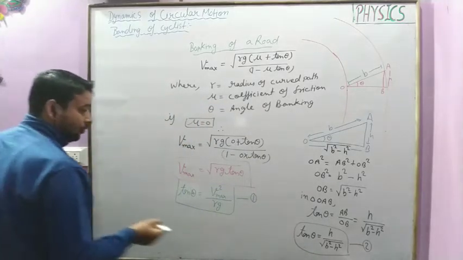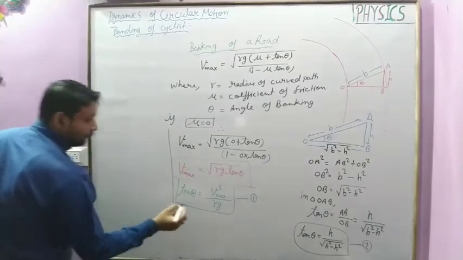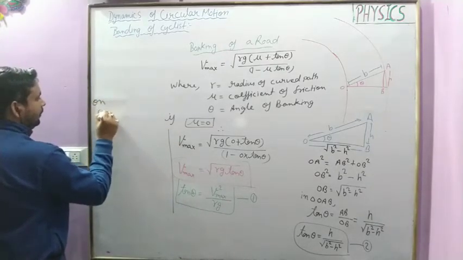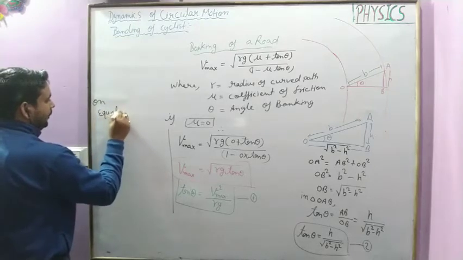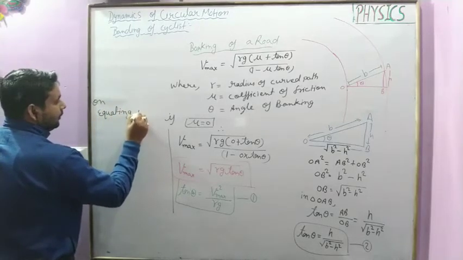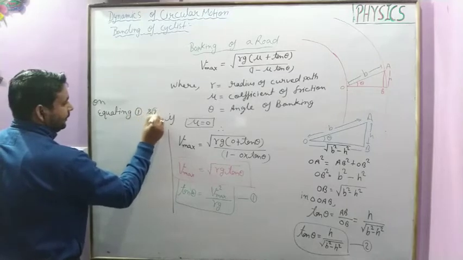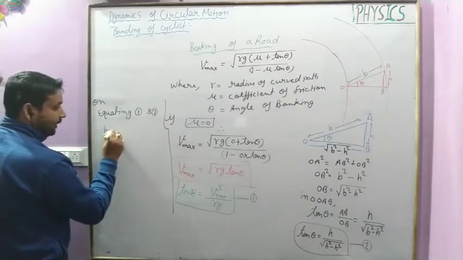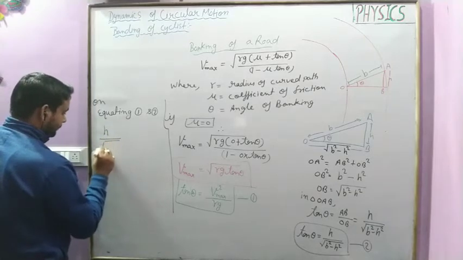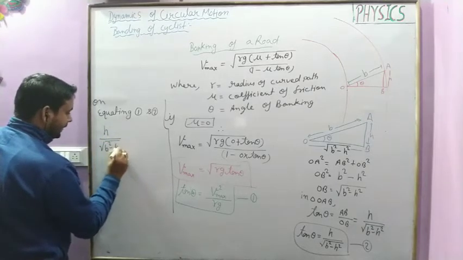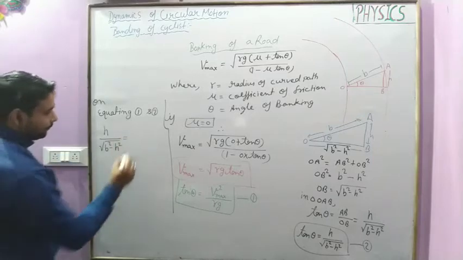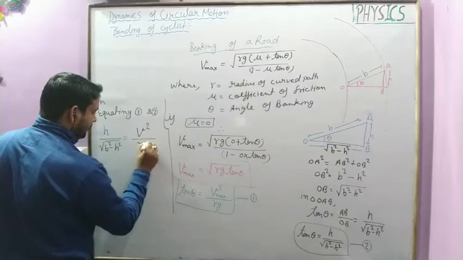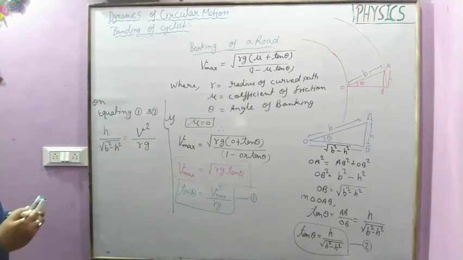Therefore the height of banking we calculate by equating equations first and second: H upon the square root of B square minus H square is equal to V square upon Rg.